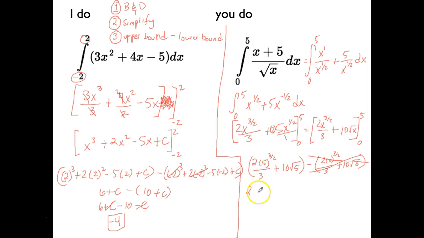Okay, so this is the same as 2. Remember that divide by 2 is a square root. So square root 5 cubed over 3 plus 10 square root of 5. Well, I can rewrite this so I just have a 5 in here, not a 5 cubed. Remember what 5 cubed means. It means 5 times 5 times 5.